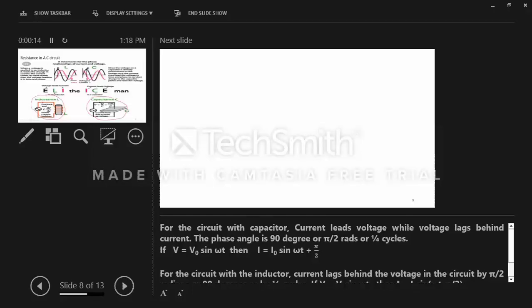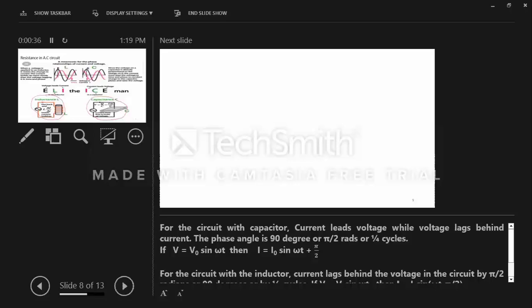We have mentioned that. While voltage lags behind current, it's still the same statement. So one could say current leads voltage, or voltage lags behind current. That is for a capacitive circuit.